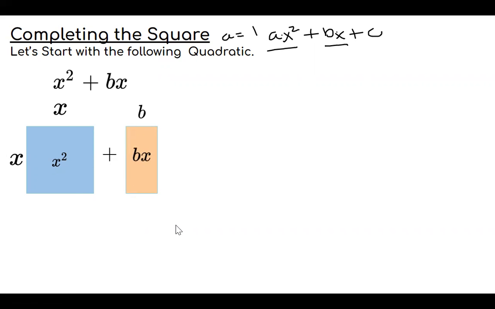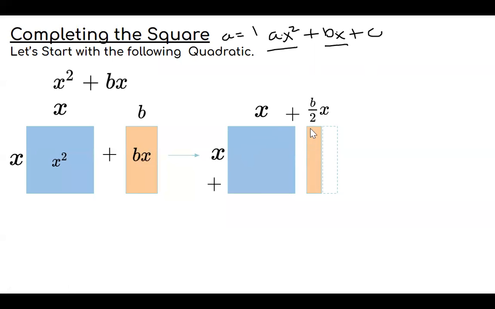Now let's say I wanted to manipulate it so that it looks like this. I have my x squared. My bx, I'm going to cut into 2 pieces. One piece I'm going to place right here along my square, and the other piece I'm going to place right at the bottom.